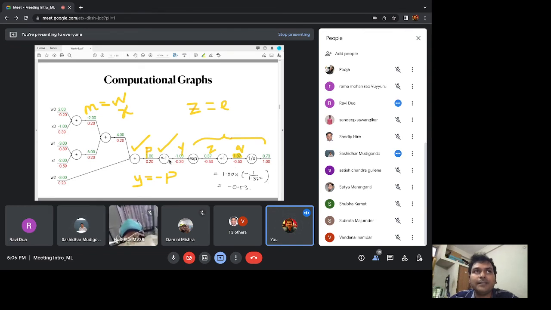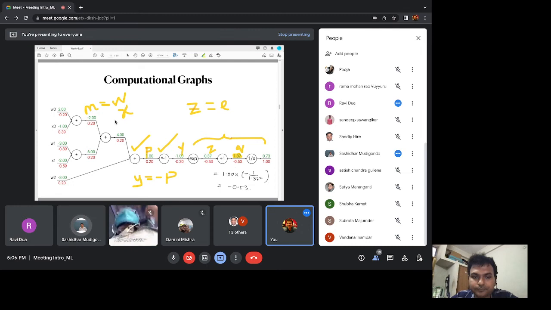Similarly for division, suppose you are doing x by y, you take y, pass it through a 1 by x block, you get 1 by y, then you multiply with x and you will get the same thing. This computational graph covers almost all the computations that you will be required to do.